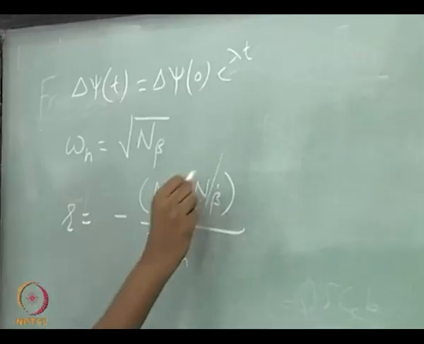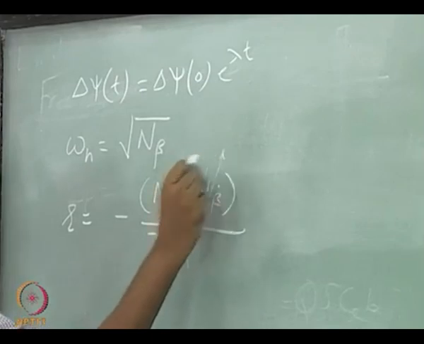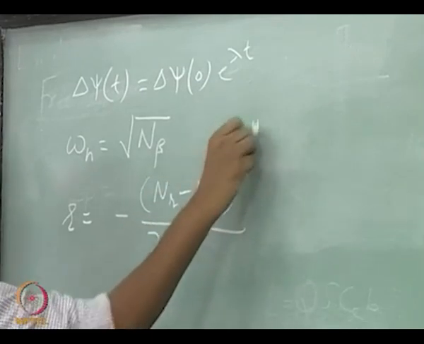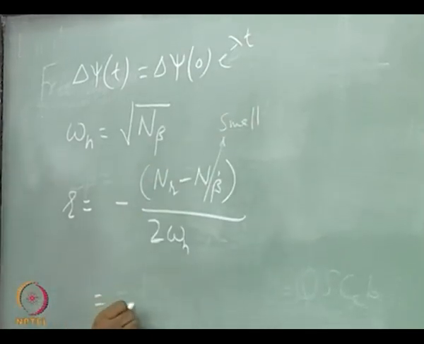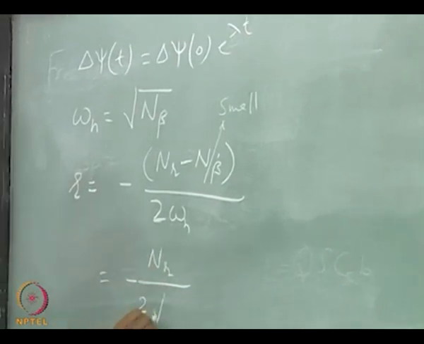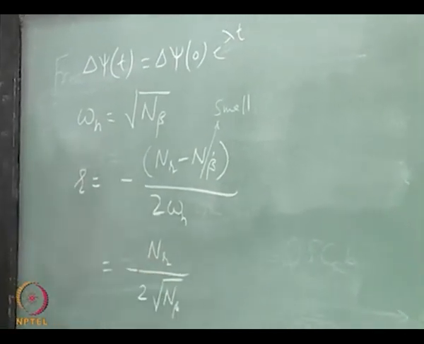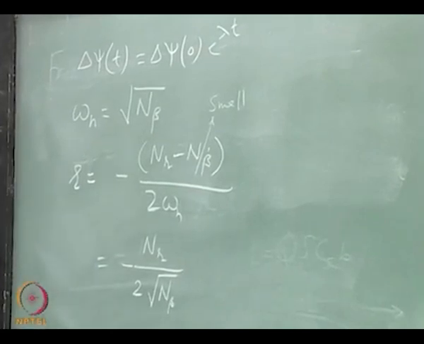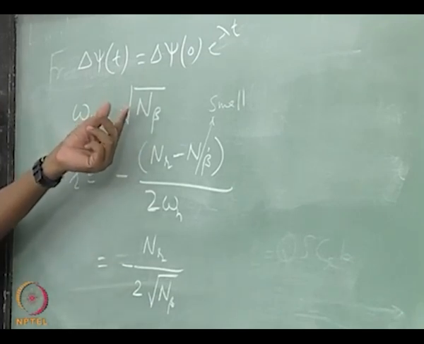This is usually very small. You can neglect this and find out an expression for the damping ratio, which is this, right, minus of N r over 2 square root of n beta. This we have seen already, right, earlier.